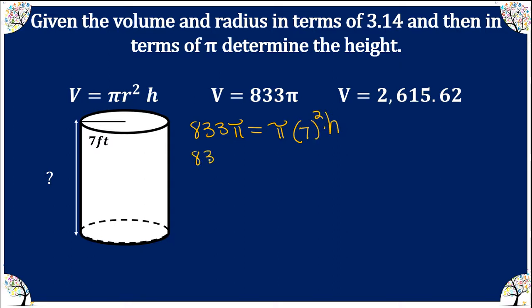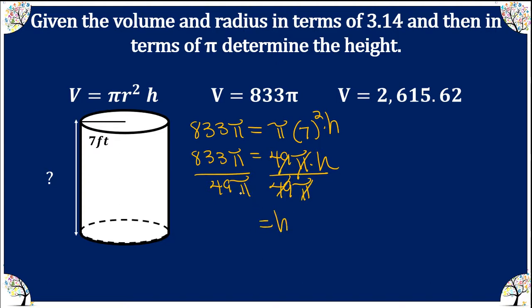So we have 833 times pi equals 49, that's 7 squared, times pi times h. We're going to divide each side by 49 pi. So we have 833 divided by 49. This gives us a height of 17.